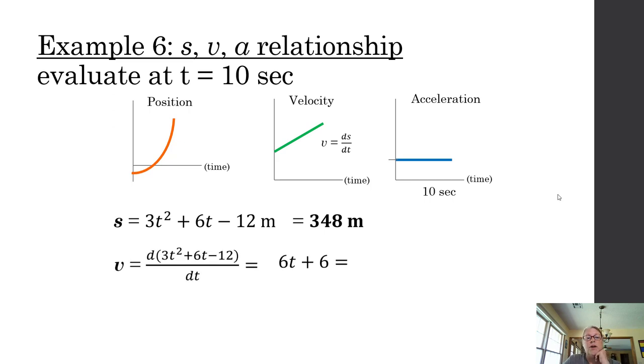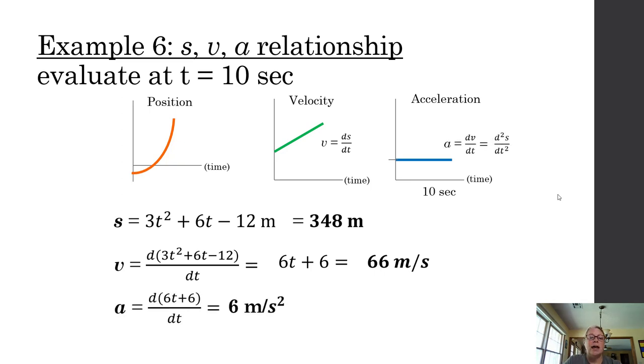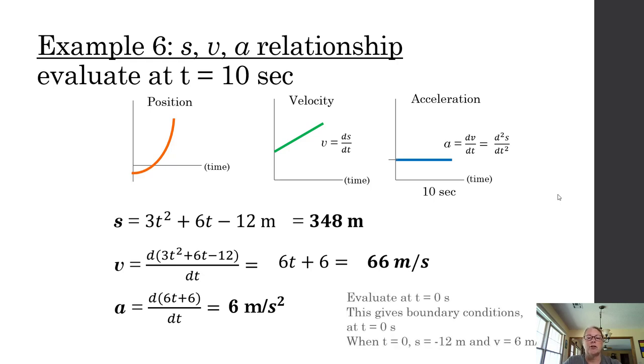There's my velocity equation, plug in 10 seconds, and here's my velocity at 10 seconds. This is not the average. This is not the average speed. It's at 10 seconds. I can take my velocity equation. I can take the derivative of that, and voila, I have an acceleration equation. So at 10 seconds, this is what's happening. This is where I am in my car. This is how fast I'm going. This is my acceleration.